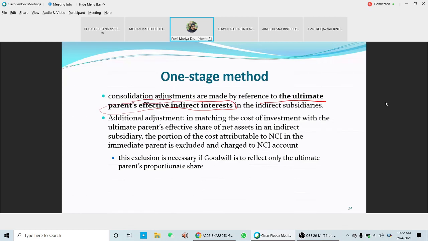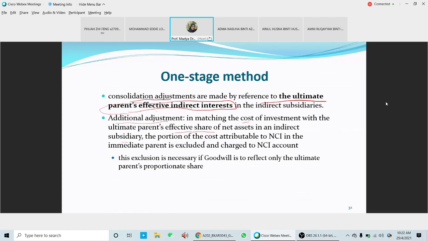So we're going to prepare one consolidation journal entry, but this time we are using the effective interest, indirect interest by the ultimate parent in the indirect subsidiary.